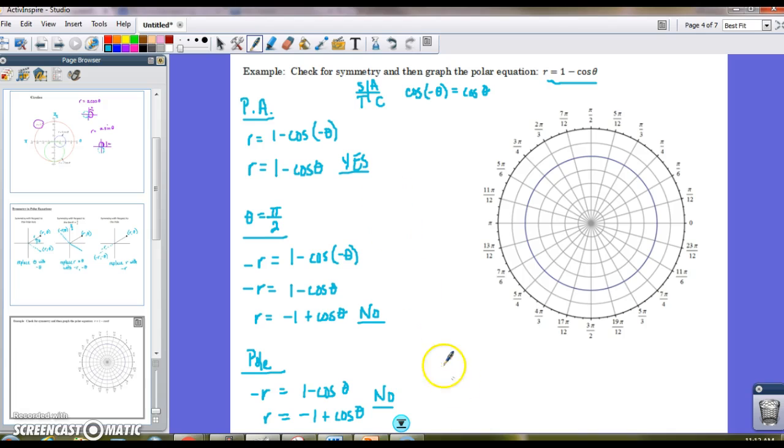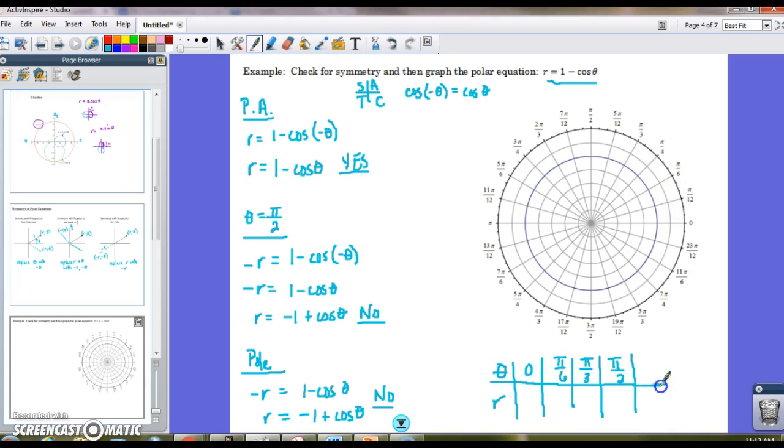Okay, and so now what I'm going to do is make a table, and I'm going to graph some points. I think it's easiest to do it down here, so I'll make a table down here. I'll do it this way this time. So if I have 0, pi over 6, pi over 3, pi over 2. Notice I'm doing some of the main ones, because I didn't do pi over 12 or whatever, because that doesn't give me an exact value.